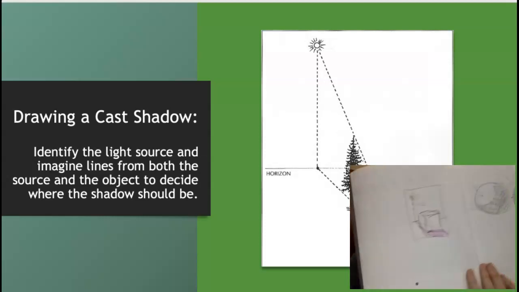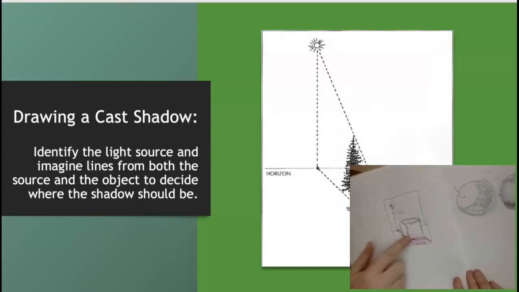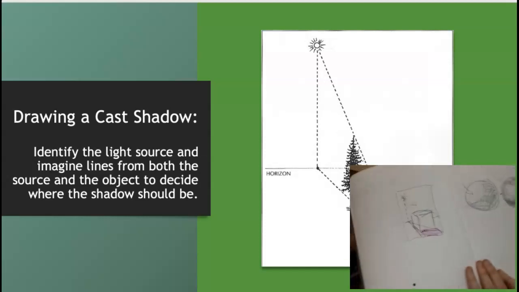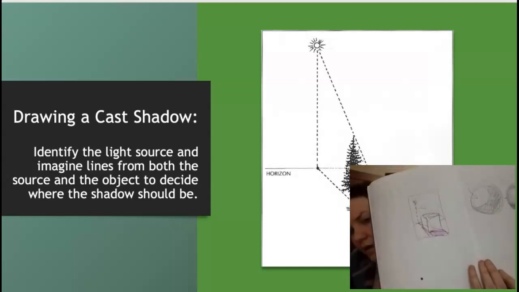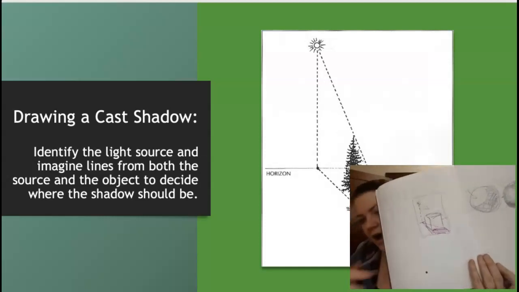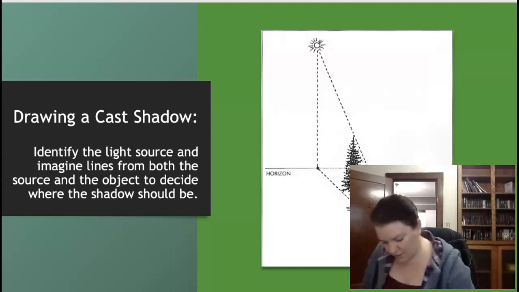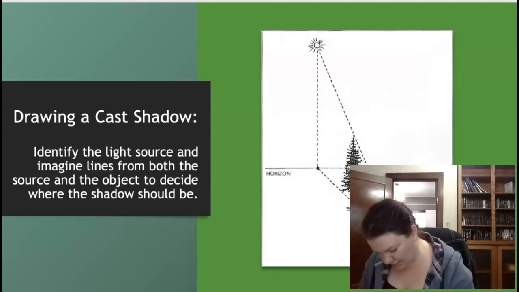So from this mark, I connected the top, I drew a line basically from that point through the corners of the cube, and then filled in my cast shadow there. If I continue drawing my line, if you want to use a ruler, that will make your life significantly easier.